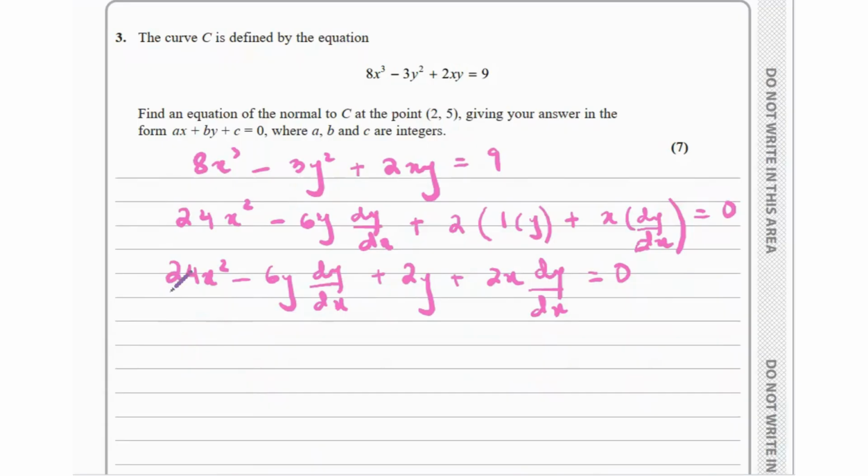So 24x squared plus 2y equals to 6y times dy by dx minus 2x times dy by dx. Take dy by dx common.